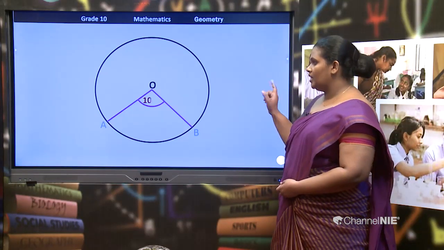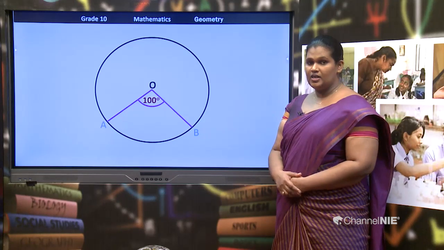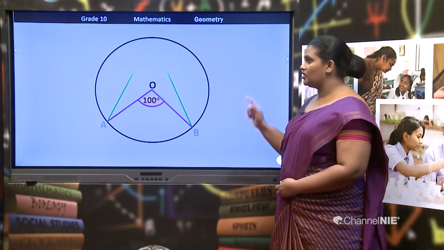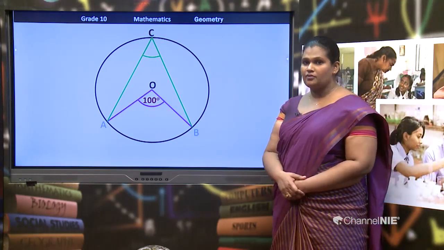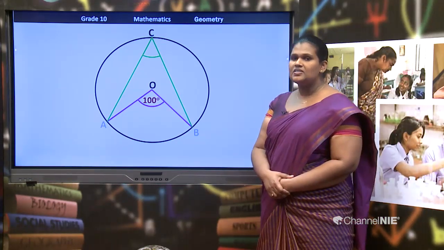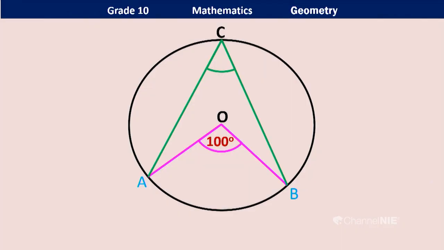Right. If I get this angle as 100 degrees, what can you say about the angle subtended at the remaining part of the circle by the same arc? What can you say about the magnitude of that angle?